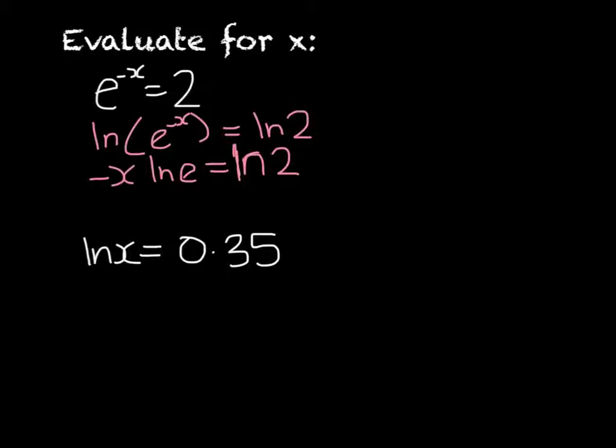Now then, ln of e is simply 1. So we have negative x equals ln 2, or x equals negative ln 2. And using our calculator, we can find that this is equal to negative 0.69.